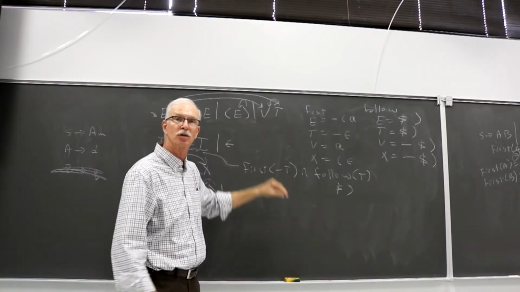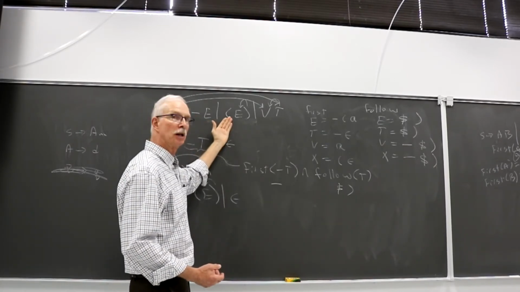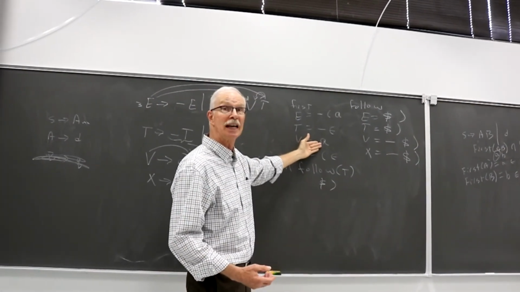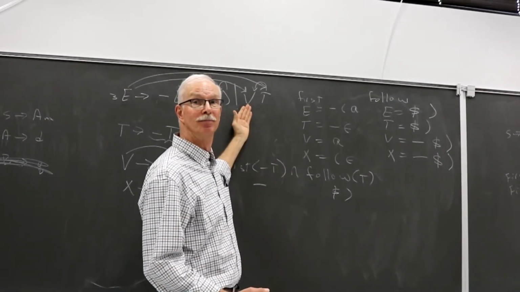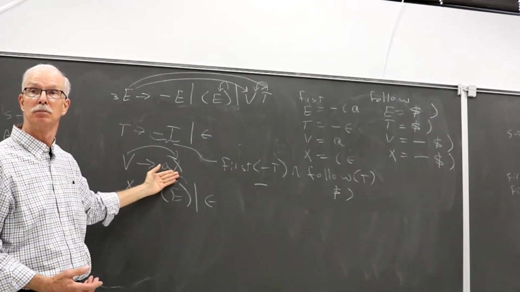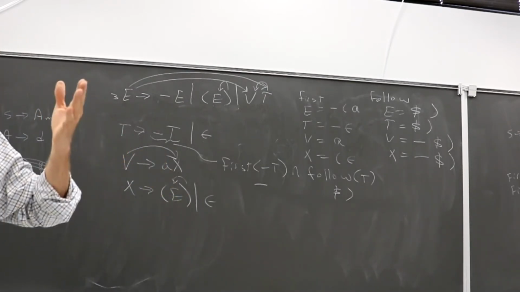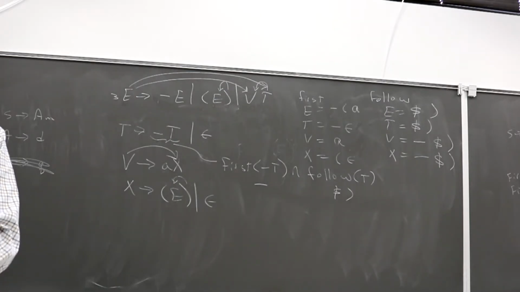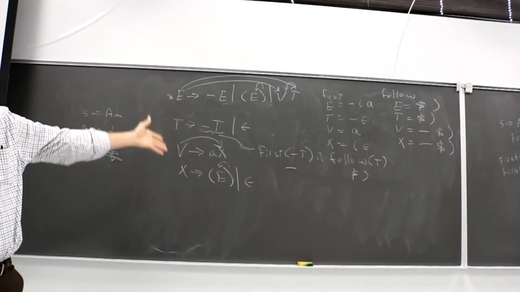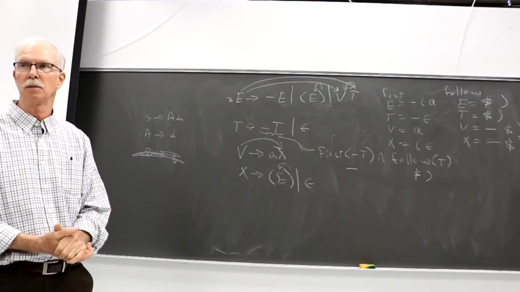You look at the first sets, and you either accept a minus and call E, accept a left paren and call E, or, if you're seeing an A, you call B. And then you accept an A and call X. That's what your project does. Just do it. That's all it is, and it looks simple when you've got 8 production rules. Not as simple when you've got 20, but it's still the same thing.